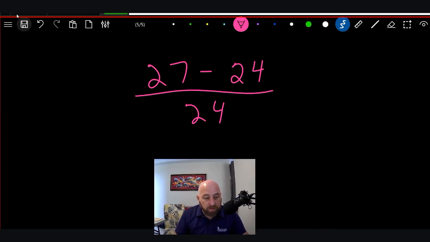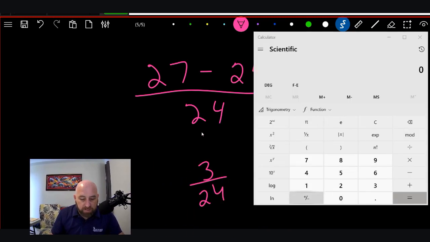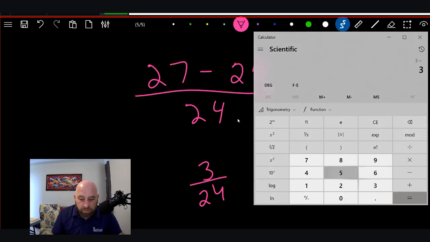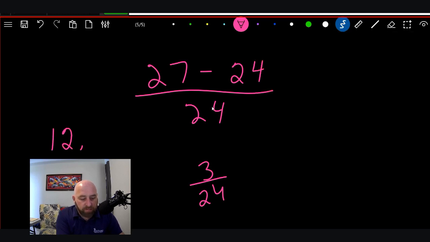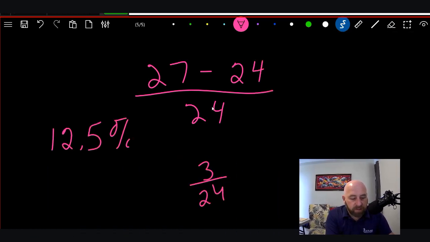You'd come over to your calculator and just do that. So 3 divided by 24 equals 12.5. It was 0.125, but I moved the decimal point 2 places for the percent, okay?